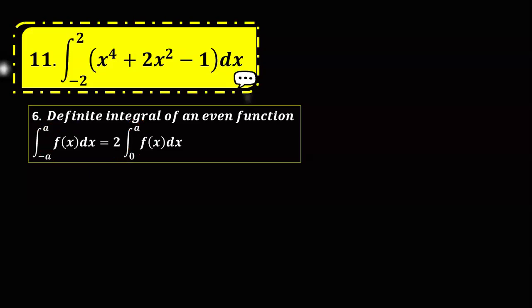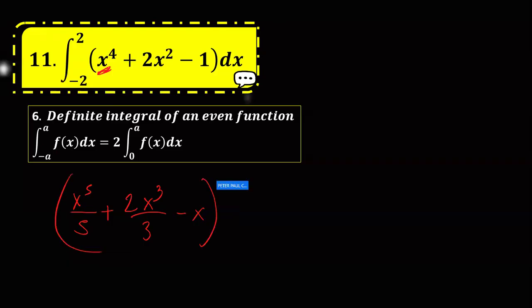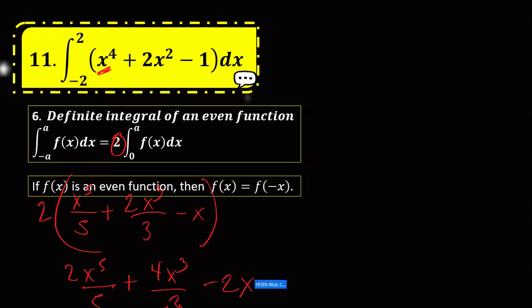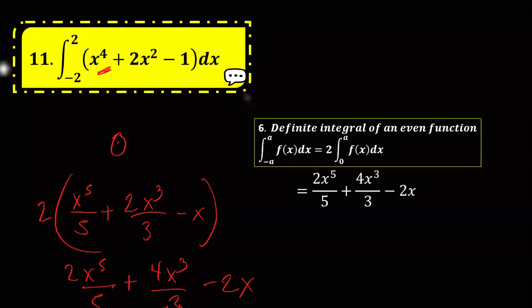So first, we get the integral of this one: x to the 5th over 5 plus 2x cubed over 3 minus x. Then we get double since we are required to get double of it. So we have 2x to the 5th over 5 plus 4x cubed over 3 minus 2x. Okay, so this is the answer.